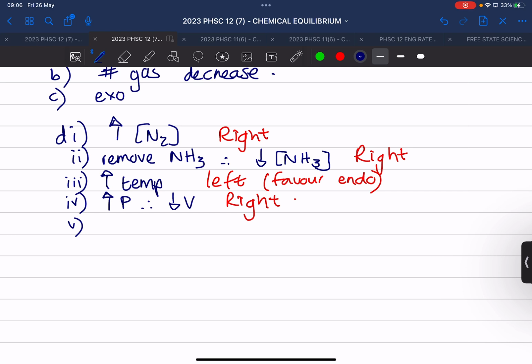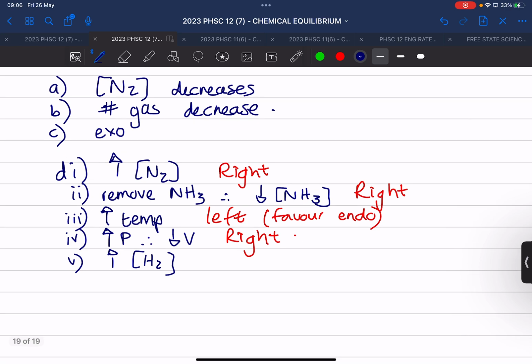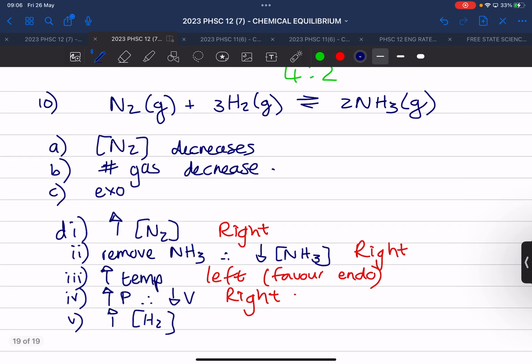Question 5. What happens if we increase the concentration of hydrogen? What's going to happen? Go to the right. Number 6. They ask, what happens if we add a catalyst?